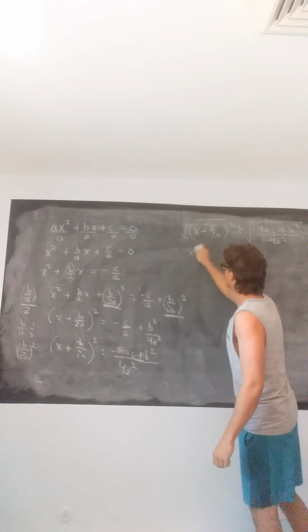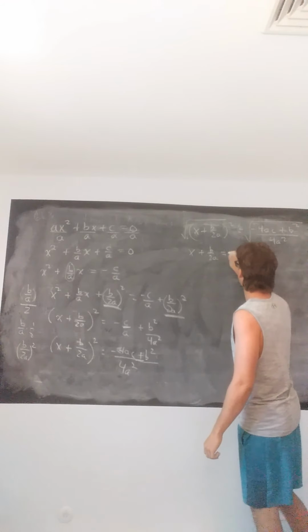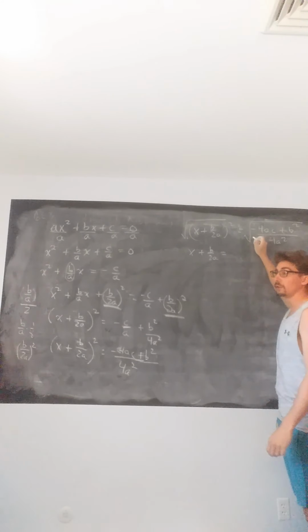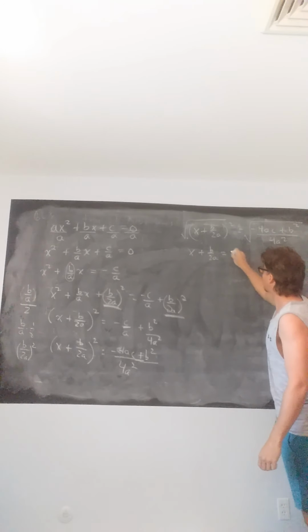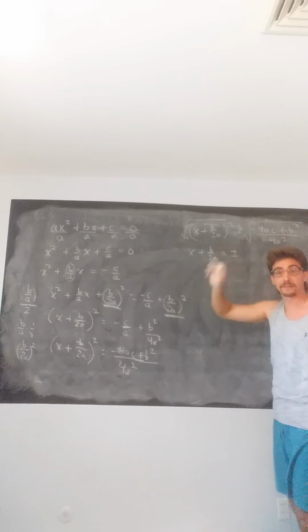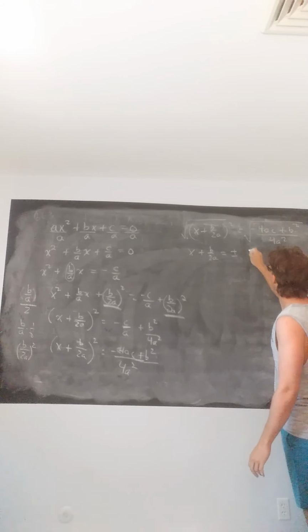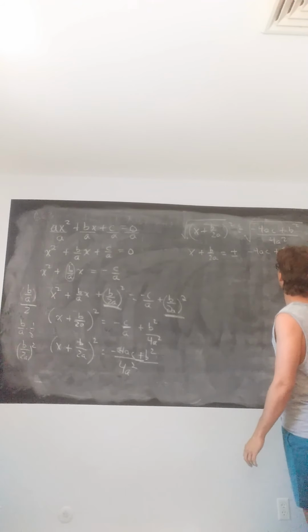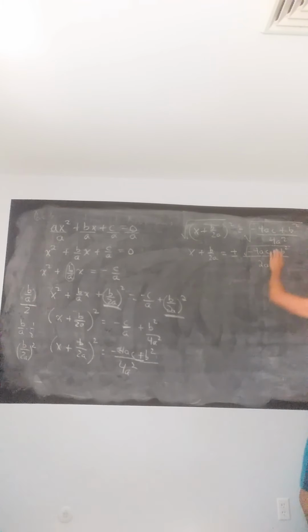And when I do that, I'm left with x plus b over 2a equals. Now, whenever you solve an equation with the square root, that leaves us with a plus or minus when you take the root of both sides over variables. So this is going to leave us with negative 4ac plus b squared underneath this root, divided by 2a, because the square root of 4a squared is 2a.